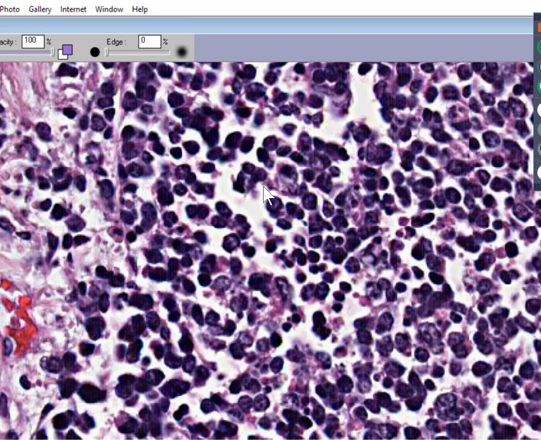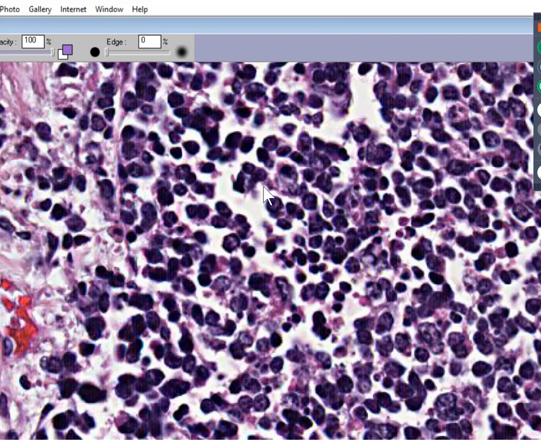Now, if you remember from the last several webinars, we said that the features of malignant cells is that the nucleus will look darker or hyperchromatic. These cells may look very much different from each other. Some may be bigger, some may be smaller. And in this particular one, you have all these features.